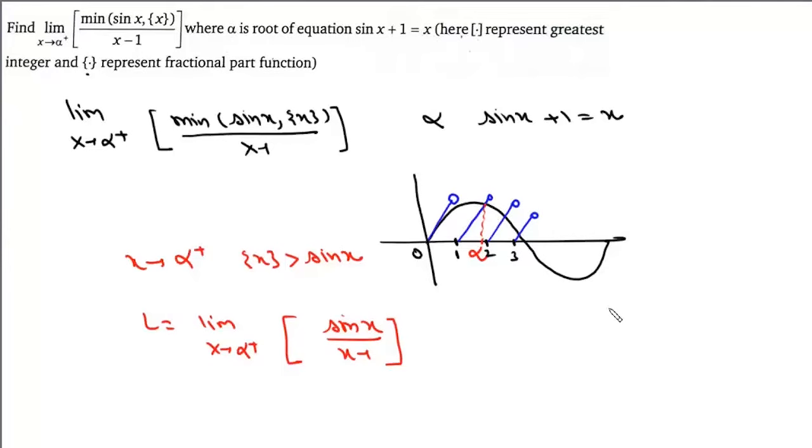Beyond that, fractional part of x will be greater than sin x, and fractional part of x is x minus 1. So x minus 1 will be greater than sin x. So we can write sin x upon x minus 1 will be less than 1. And if it is less than 1, then its greatest integer function value will be 0. So the value of this limit is 0, and that is the answer to this question.